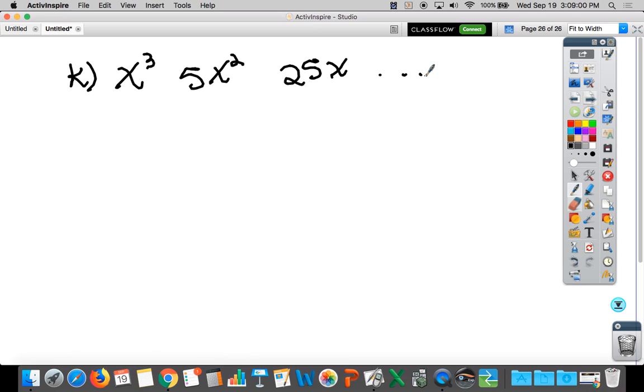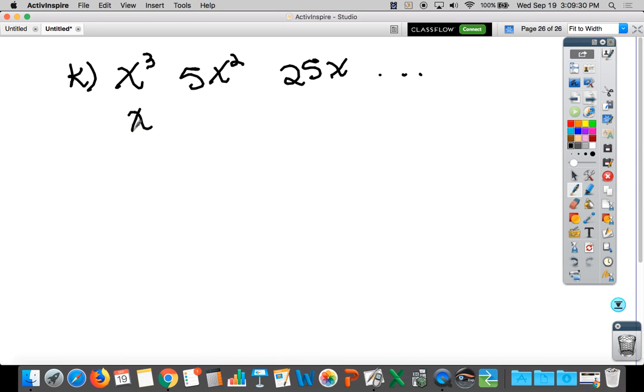But I don't have a 5 here. Multiply by 5, but not 5x. Because if I multiplied x to the third by 5x, I'm going to get 5x to the fourth. That is not what I have as my second term. 5 over x.